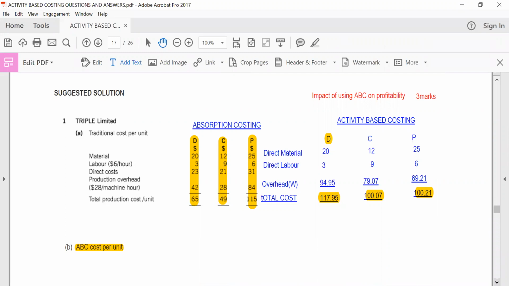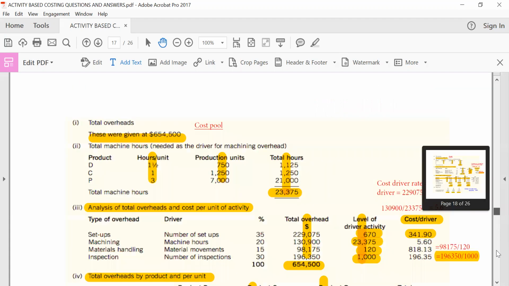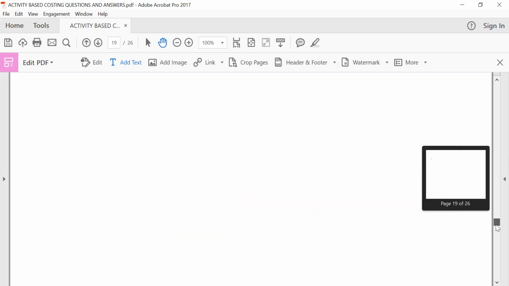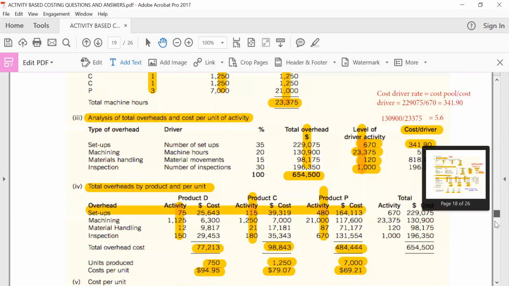One of the limitations we talked about earlier on was that absorption costing uses the volume of production to determine the overhead cost. And the higher the volume of production, the higher the overhead cost. So that is one of the limitations. Good. But let's just move in quickly to the solution.